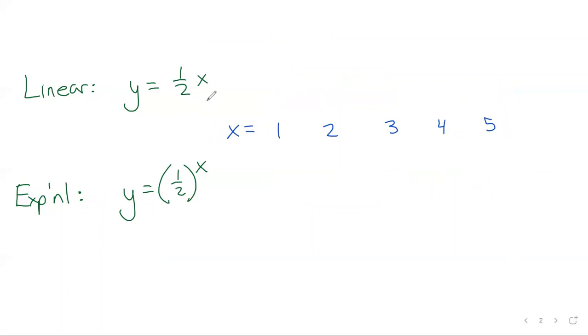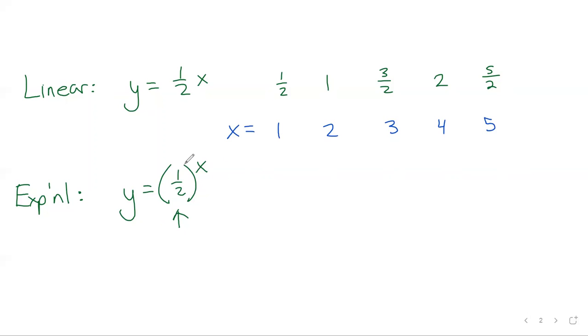And in fact, here's an example right here, y equals 1/2 to the x, and these would be our first few numbers. So you notice this number is less than 1. And that's what's going on here: if you multiply by something greater than 1, the thing will get bigger. If you multiply by something less than 1, the thing will get smaller.